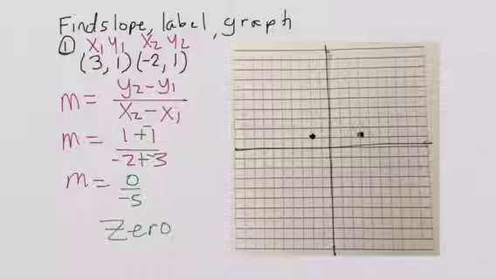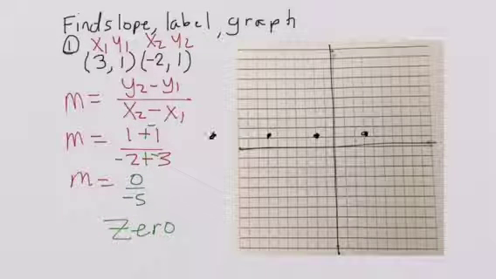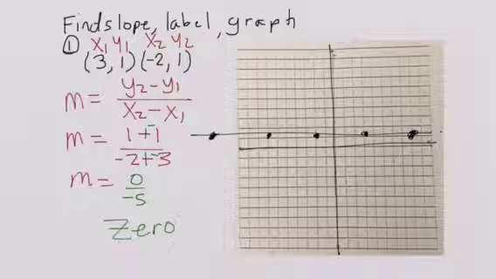We're going to go up 0, to the left 5, up 0 to the left 5, and then we're going to go back to our starting point, and we're going to go down 0 to the right 5, and down 0 to the right 5. We're going to draw our line, and again our slope is 0.